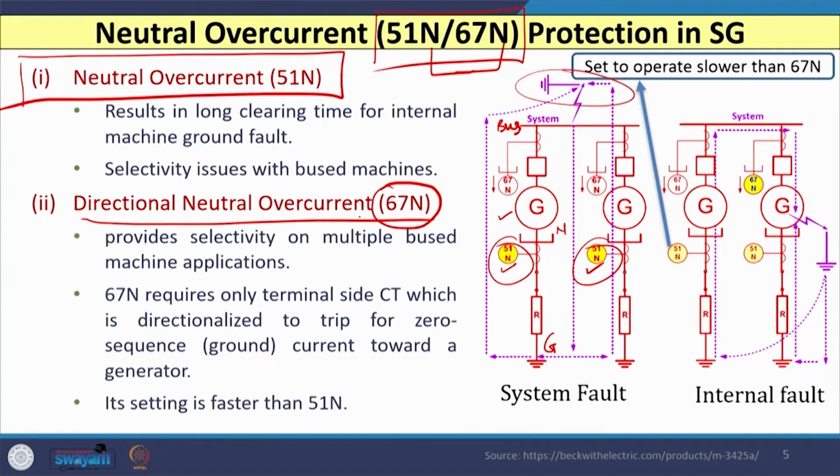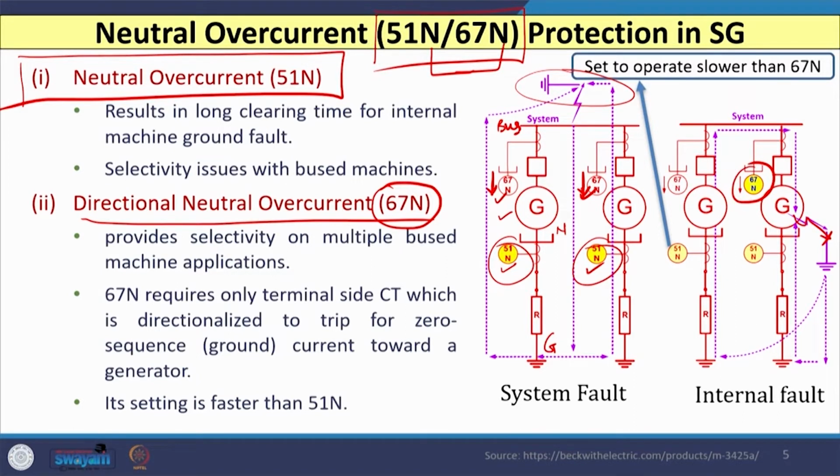So, here I have also shown the relay known as 67N, and the direction which I have marked is away from the bus. So, it is like this. If any internal fault occurs in the machine or generator, let us say here I have shown one of the internal faults, you can see that the current will flow like this, and this relay is going to detect this fault and it will operate.